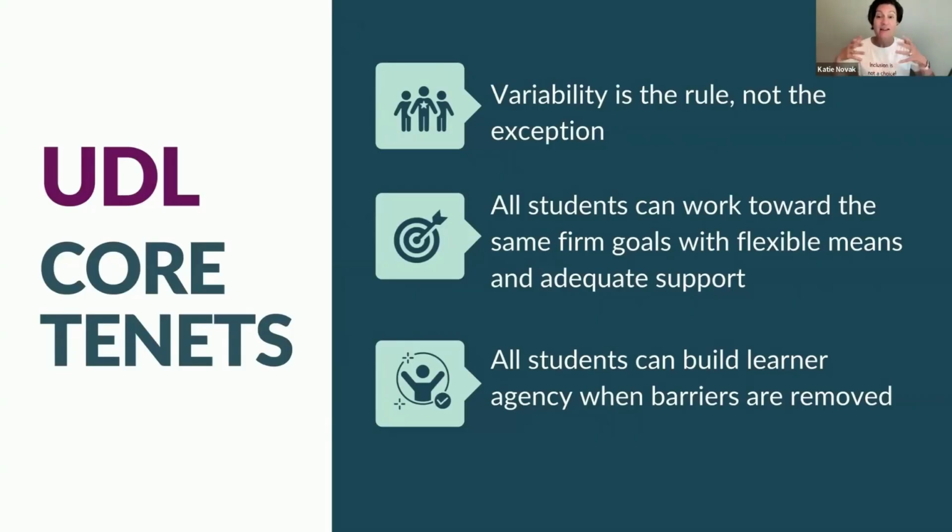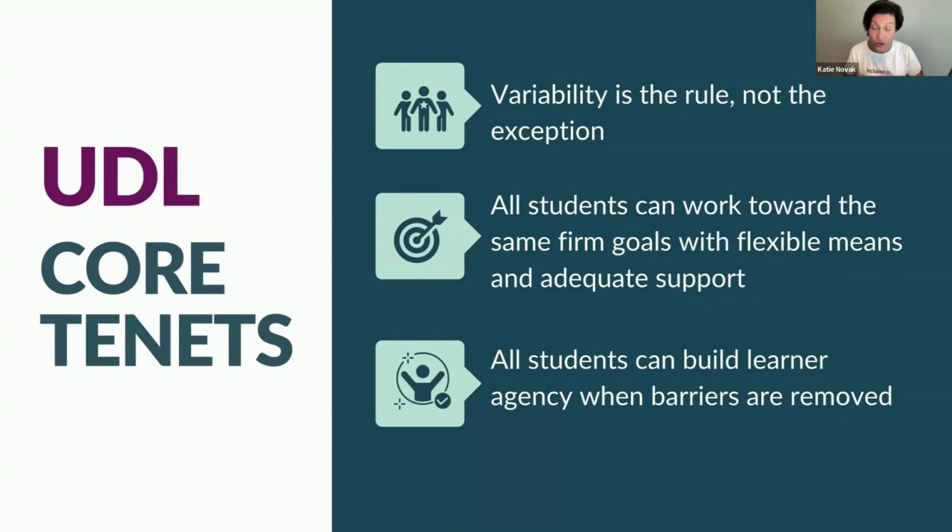It's an incredibly dynamic framework because what we're saying is, I know that you are different from each other and you're different from me, but also we live in this beautiful world where the context really changes who we are and what we need. So I'm going to design with firm goals and flexible means.